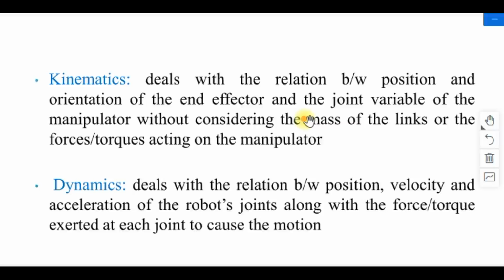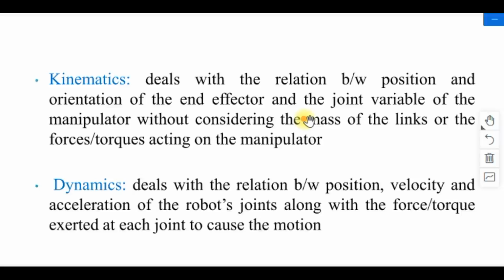Okay. So in case of DH parameters, you already passed that: length, twist angle, then length, twist angle, D, displacement, and theta.